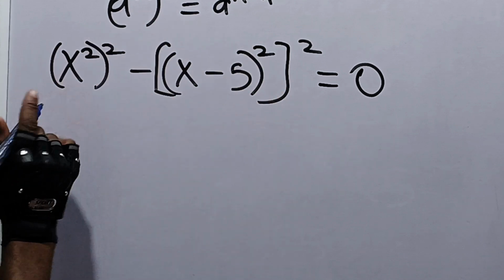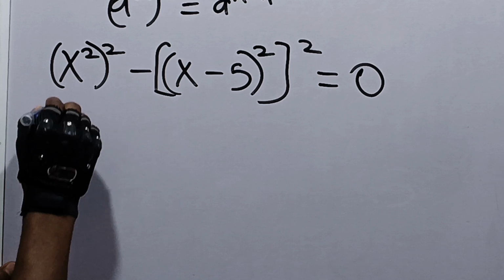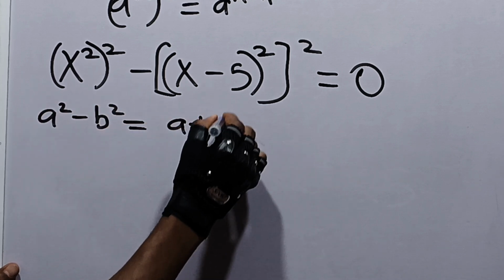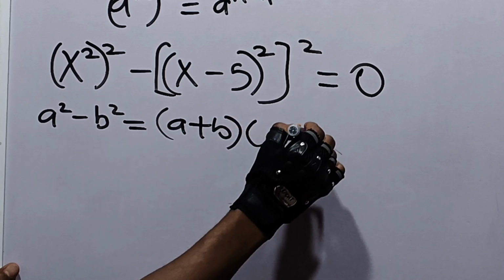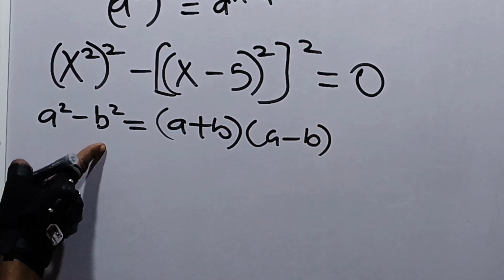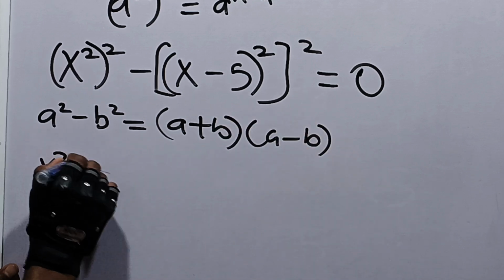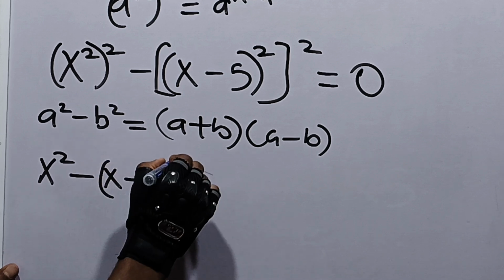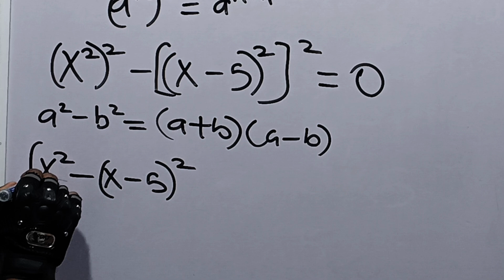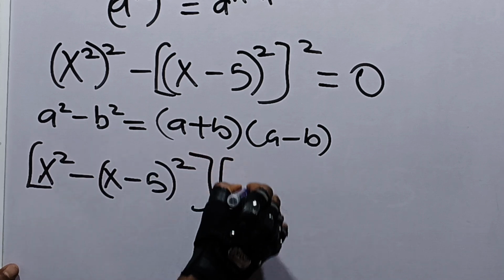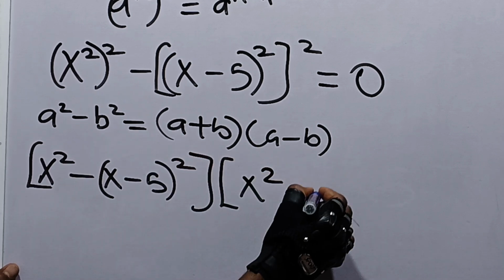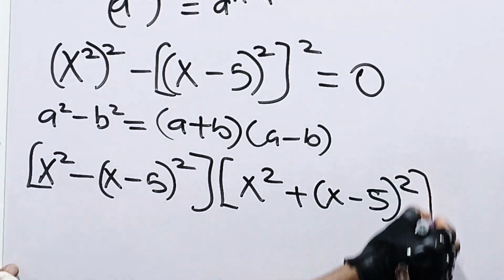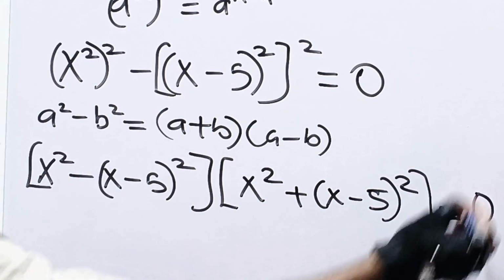Since this is a difference of two squares, you can use the law that states that a squared minus b squared is equal to (a plus b) multiplied by (a minus b). Applying this law here, we have (x squared minus (x minus 5) squared) multiplied by (x squared plus (x minus 5) squared) equal to 0.